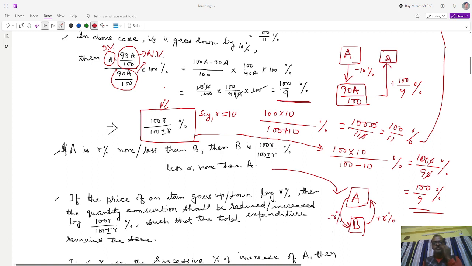Okay. Then B is 100R divided by 100 plus or minus R%.